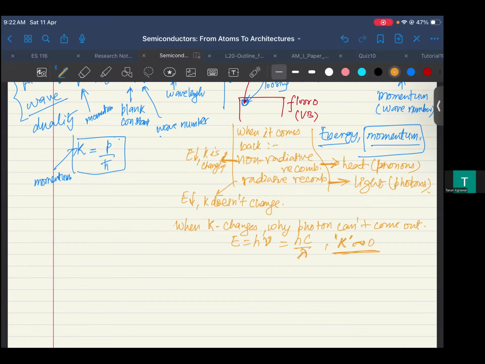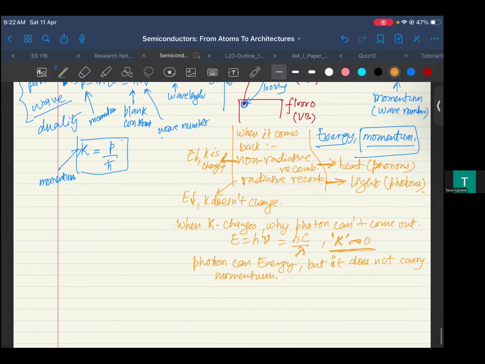So this momentum which comes out from this is very, very small. That means it's very likely that the photon can have energy, because obviously it has energy, that's why it is hitting and giving that energy to the electron. But it does not carry momentum, because the momentum is very, very small, so it does carry energy.